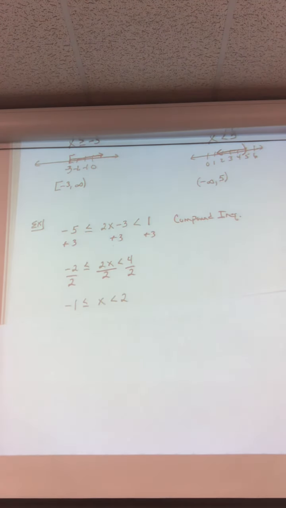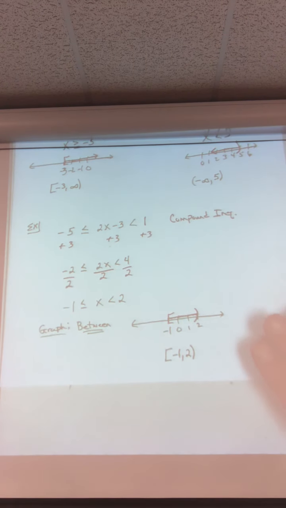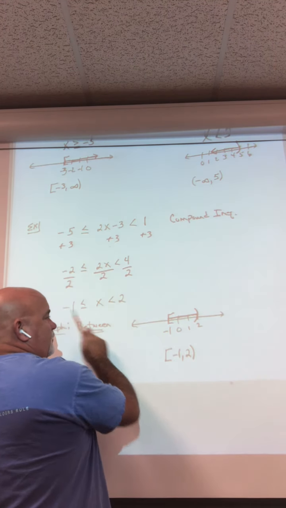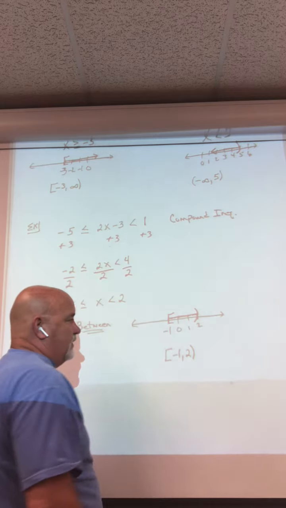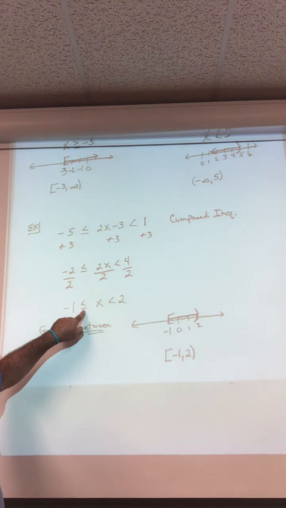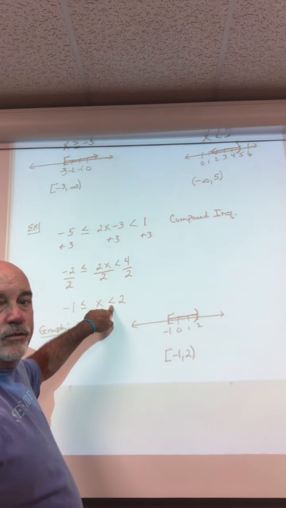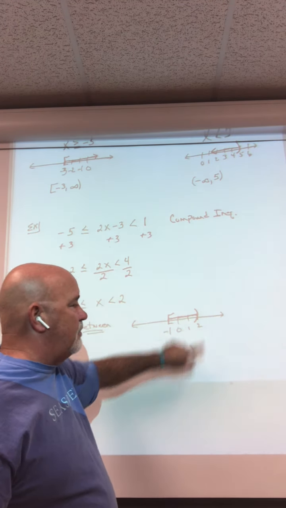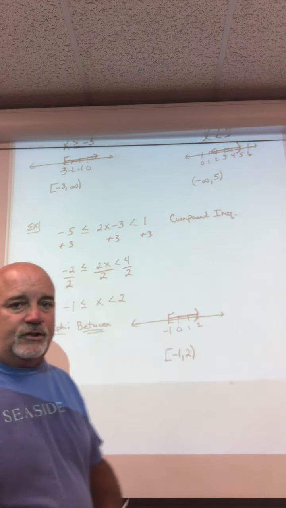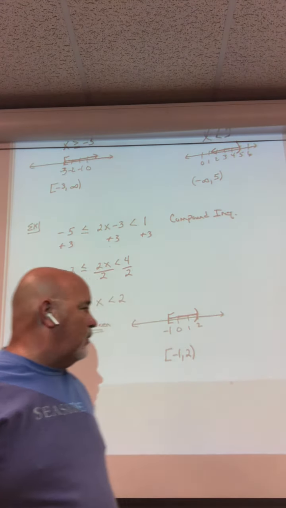So the graph here has 0, 1, 2, and negative 1, everything between negative 1 and positive 2. We'll put a bracket on the negative 1 because of the equal to. There is no equal to under the 2, so there'll only be a parenthesis. So this graph does not go forever in one direction. It has a starting and a stopping point.